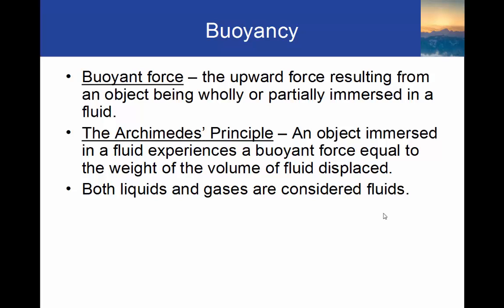And that means that the weight of that liter of water is equal to the buoyant force that is being supplied upward on the object. Now the weight of that water is going to be the mass of the water times the free fall acceleration, g.